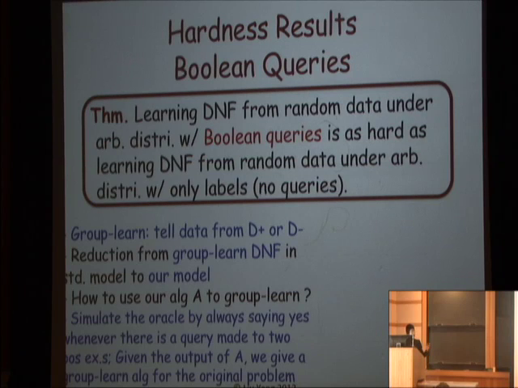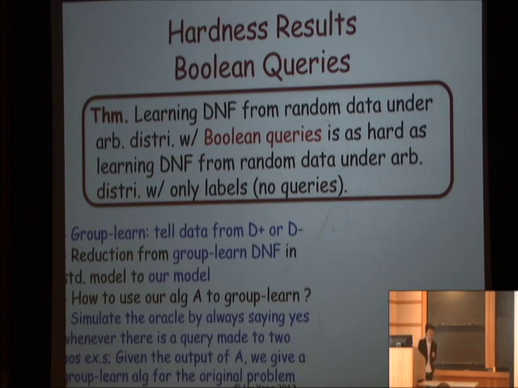And we know that learning DNF from random data in general appears to be hard. So we're going to do a reduction from the problem of group learning DNF in the standard model to learning in this new model.